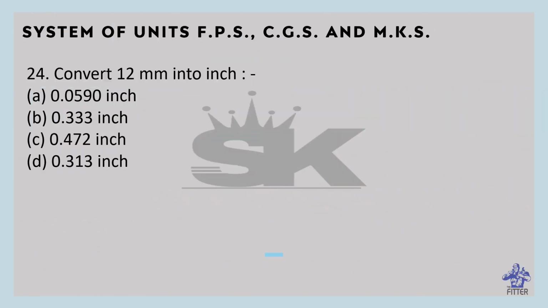Convert 12 mm into inch. 1 inch equals how much? 25.4 mm, right? 1 inch equals 25.4 mm. So in that case, 1 mm equals how much? 1 by 25.4 inch, right?